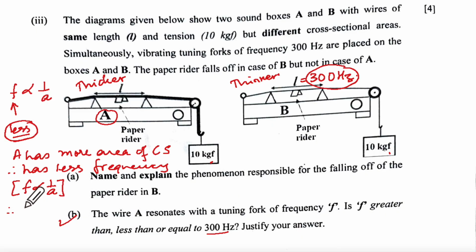So therefore if A is resonating with F, frequency F is less than 300 Hz, and that is our answer B.